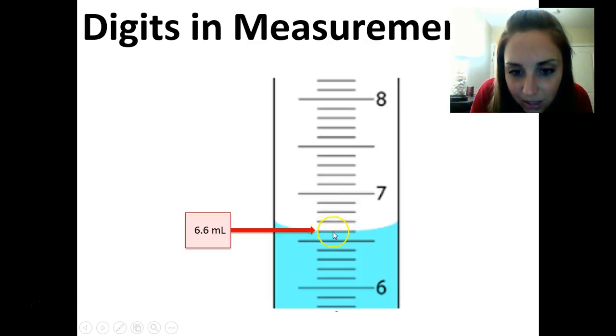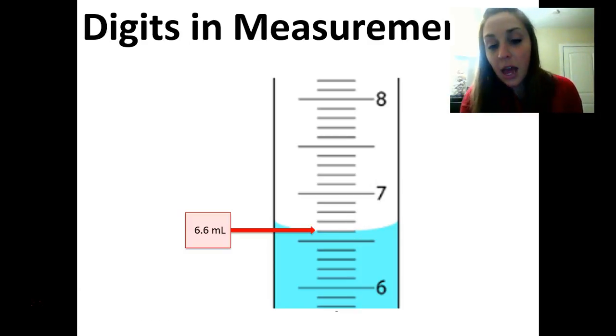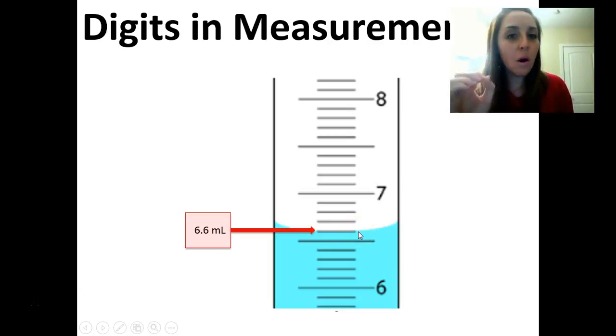See how it's blue right behind that graduation? Right here, it's right at that 6.6 mils. See how it's blue on the side? It's there. I know that. Does it go above or below? Obviously not below because it's hitting it. So how much above? Well, I don't think it's really going above at all.